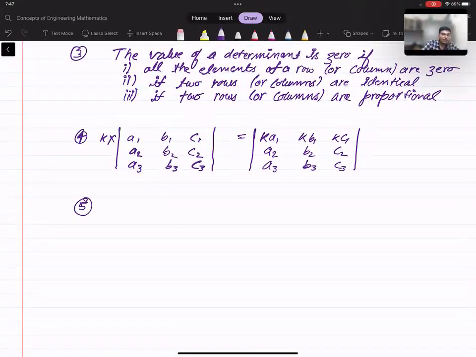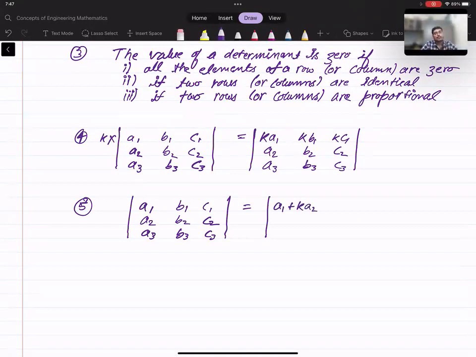Say we have a determinant A1, B1, C1, A2, B2, C2, and A3, B3, C3. Then this is the same as writing A1 plus K A2, means we are taking a proper proportion or fraction of the second row and adding it to the first one. So in this way, the value of determinant will not change.